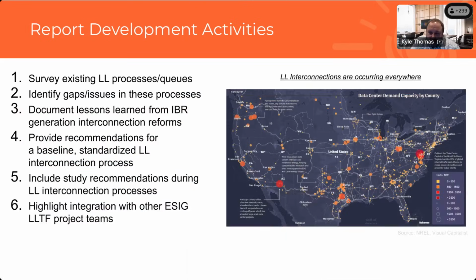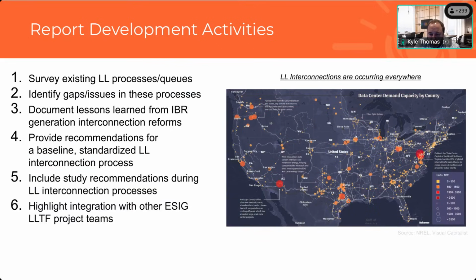Throughout this project, we took a lens, I think, in that scope document, and we wanted to survey what was out there today across the country and globally where possible on large load processes and queues. What are the gaps and issues that everyone's facing, those lessons learned, and then ultimately provide recommendations for that process. What studies should be done during this interconnection process.